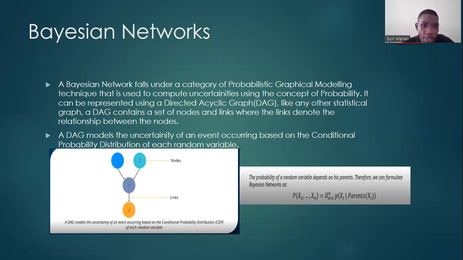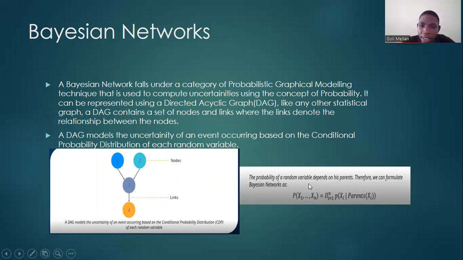Unlike any other graph, this one contains a set of nodes and links, where the links denote the relationships between the nodes. Like you can see in this diagram, we have nodes 1, 2, 3, and 4, and these are the links.